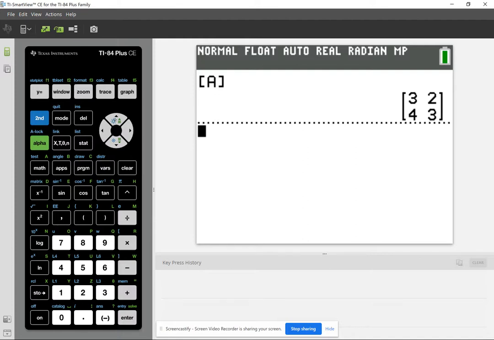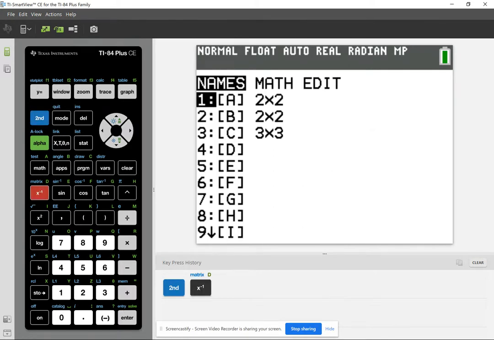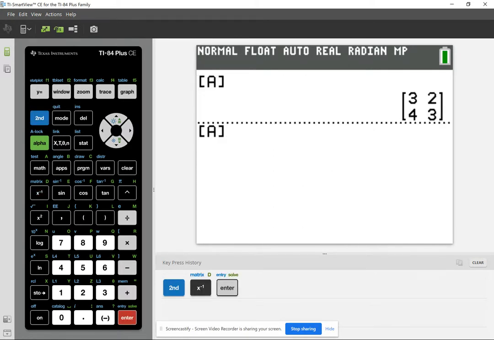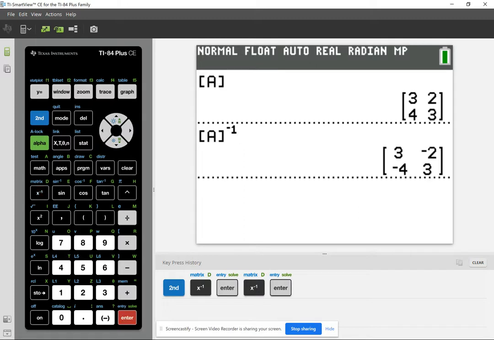You can go to matrix and just choose matrix A, or whatever matrix letter you put it under. Do you see the button that you press to get to the matrix? All you have to do is press x to the negative 1, without the second. This means inverse. And there's your inverse of matrix A. That's all you have to do.